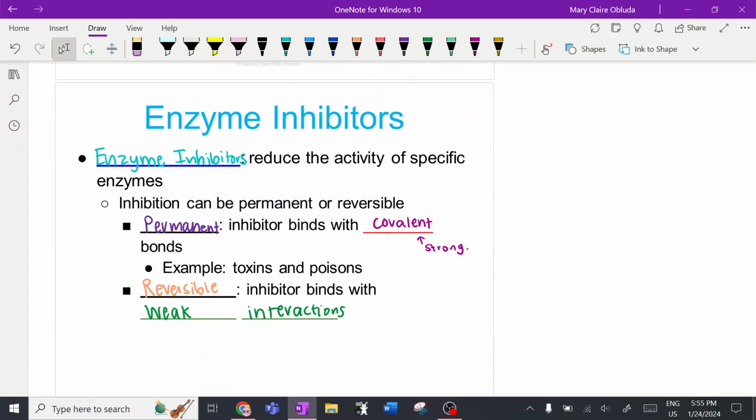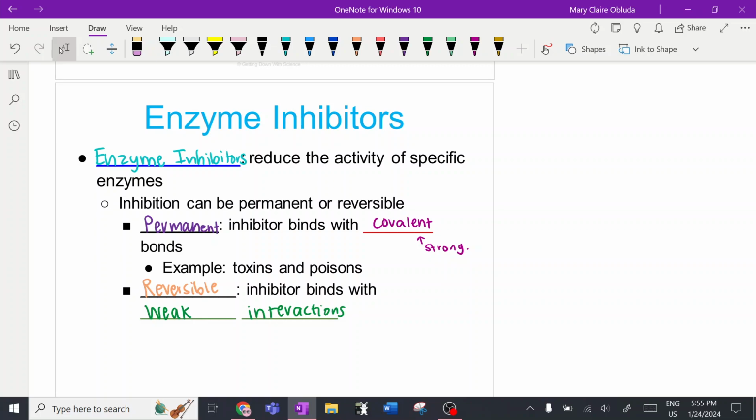Okay, so inhibitors. These reduce the activity of a specific enzyme. Why would we want to reduce the effectiveness of an enzyme? Our body doesn't want to do more work than it has to. It doesn't want to waste energy, even though enzymes don't require energy, but it just doesn't want a surplus of a certain product when it doesn't need it. This enzyme could go all day, for as long as you wanted it to, but the body doesn't want to manage an excess supply of this.